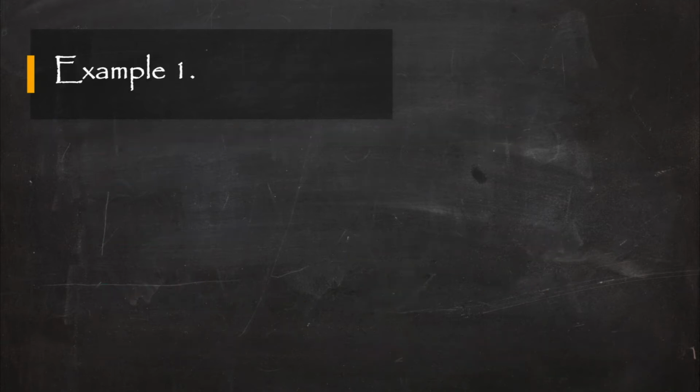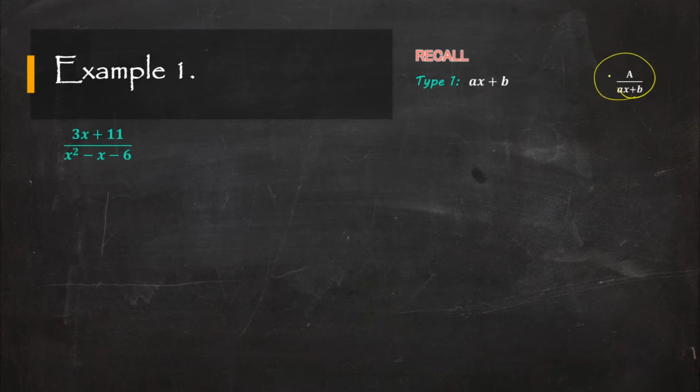So here's the first example. We have (3x + 11) over (x squared minus x minus 6). And here recall the type 1 is ax plus b, and the expression that we need to assume is a over ax plus b.